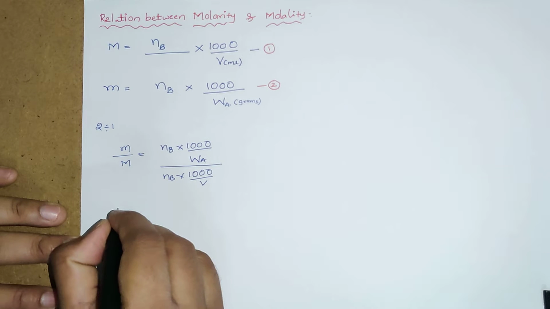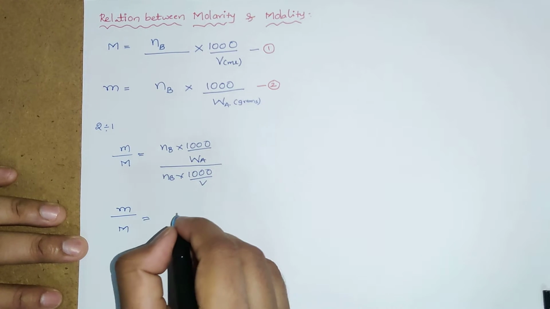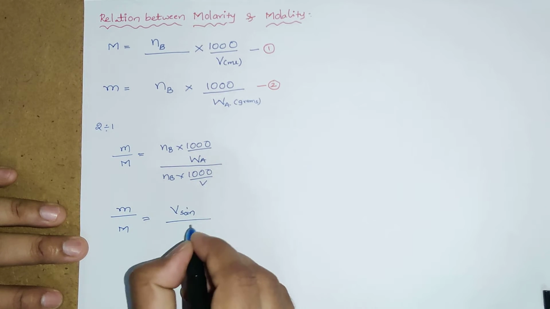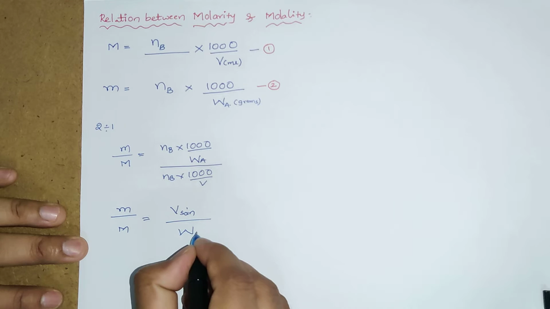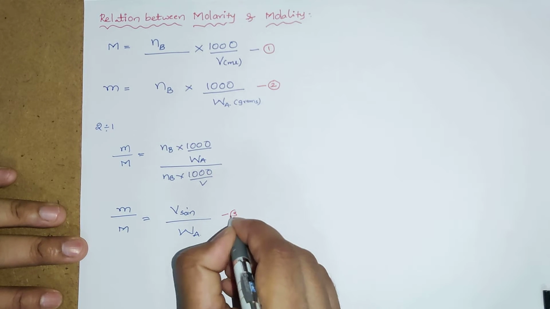We get the cancellations. Molality by molarity is equal to volume of solution divided by weight of solvent in grams. This is equation number 3.